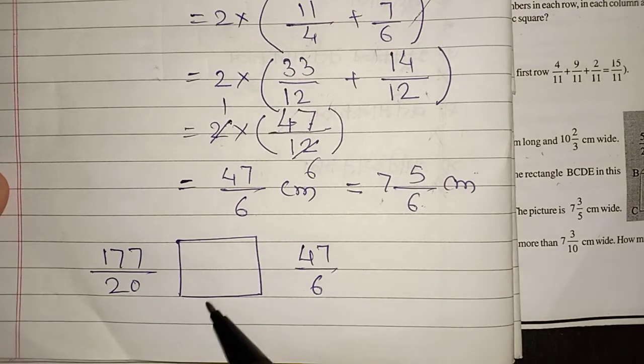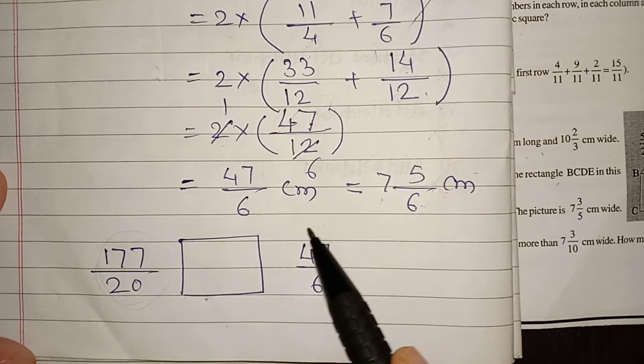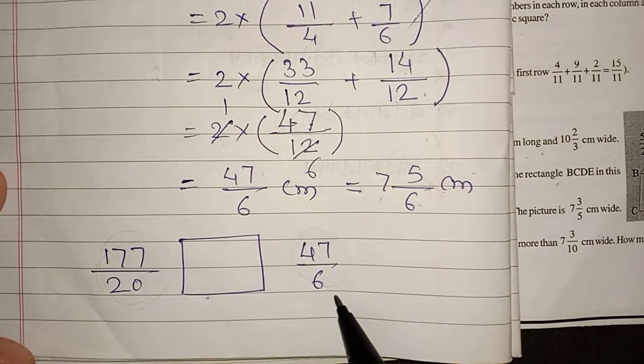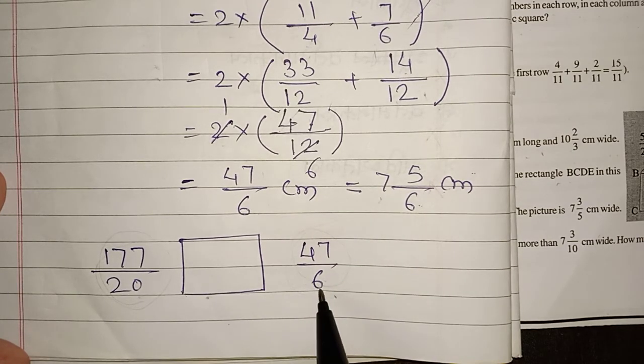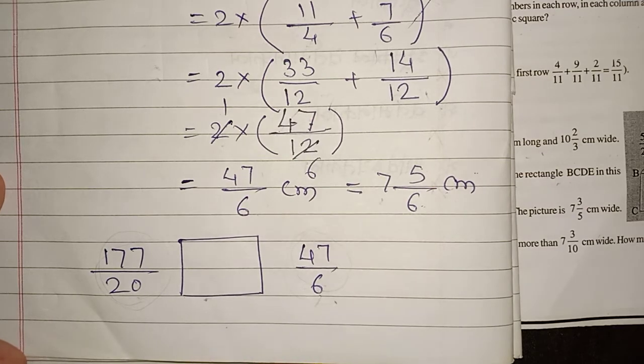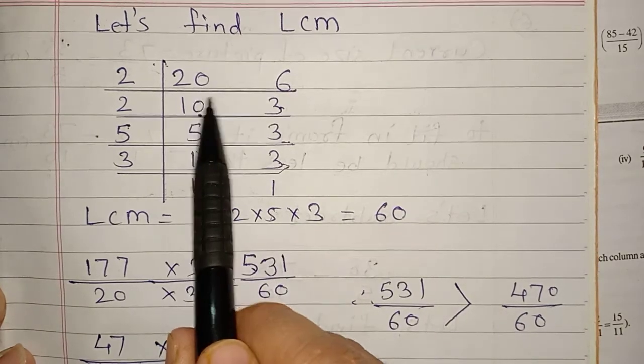Now we have to compare whose perimeter is greater. This is my perimeter of triangle and this is the perimeter of rectangle. Before comparing, just see their denominators are not same, so again you have to make the denominator same by finding the LCM. Let's find the LCM of 20 and 6.